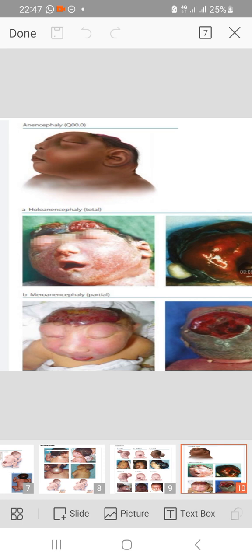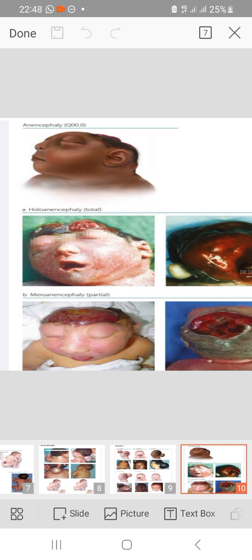Those cells will develop into the other parts of the brain, mainly the cerebrum. The cerebrum comes from the neural tube, but the other parts of the brain do not come from the neural tube.